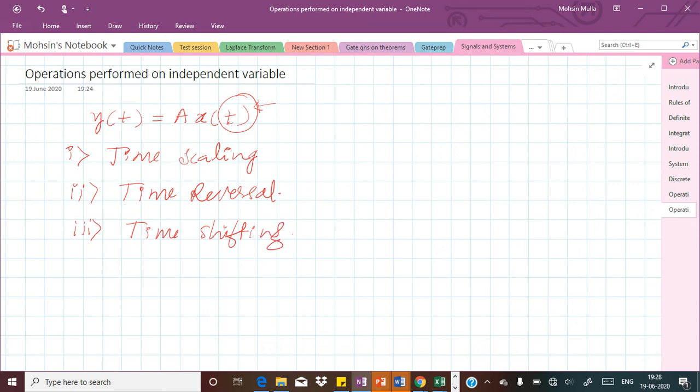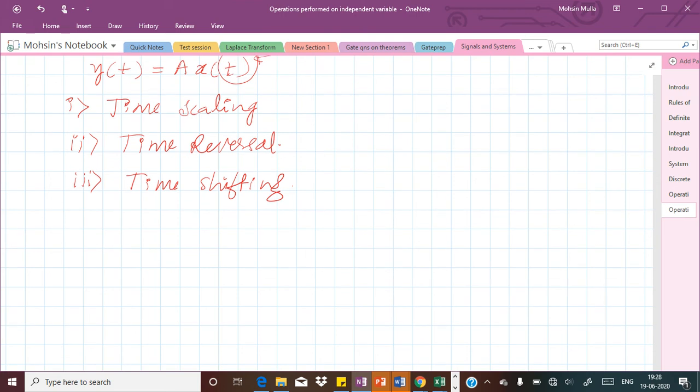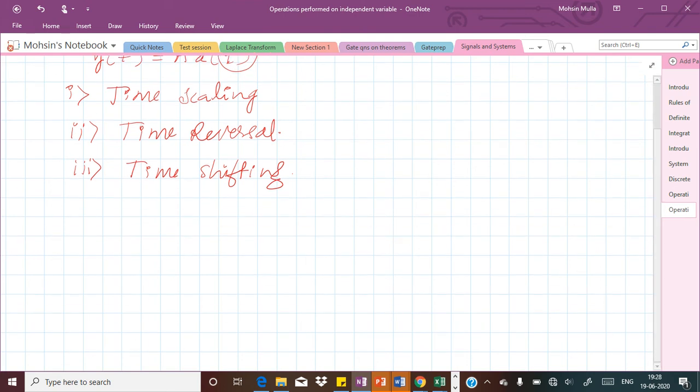Okay, so now let us see one by one what these different operations are that are performed on the given signal x of t. Let us first consider the first operation, that is time scaling.